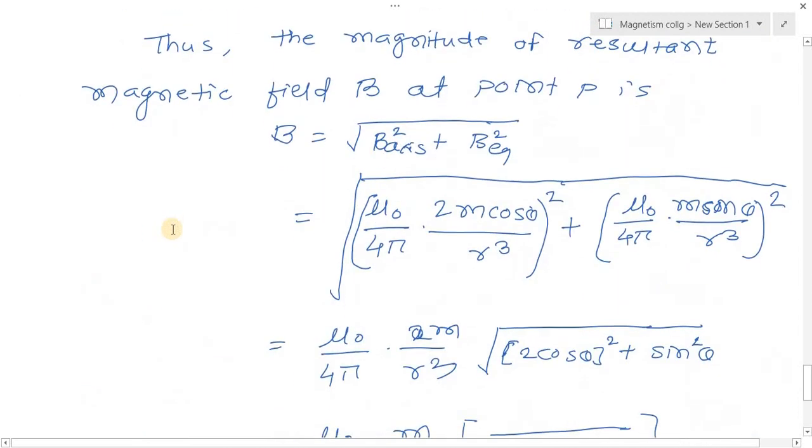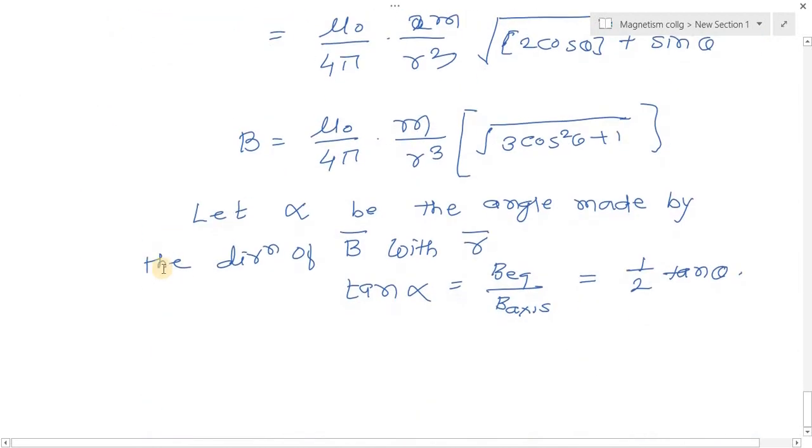Therefore the angle between B bar and M bar is theta plus alpha.